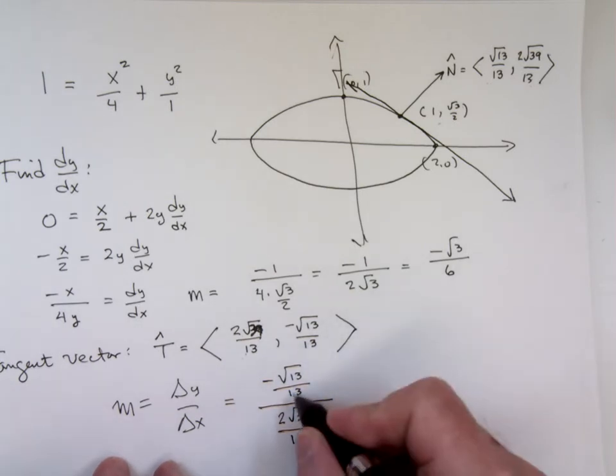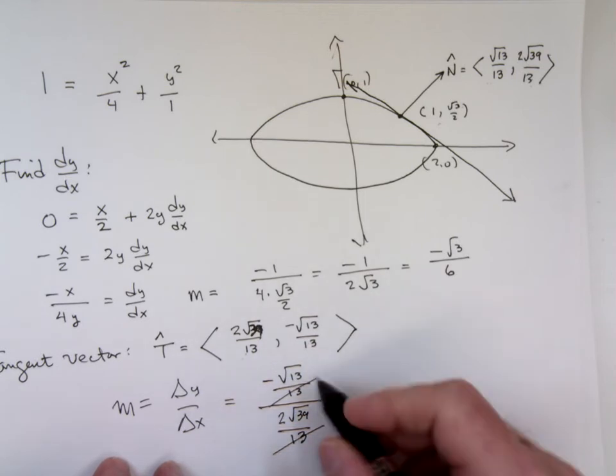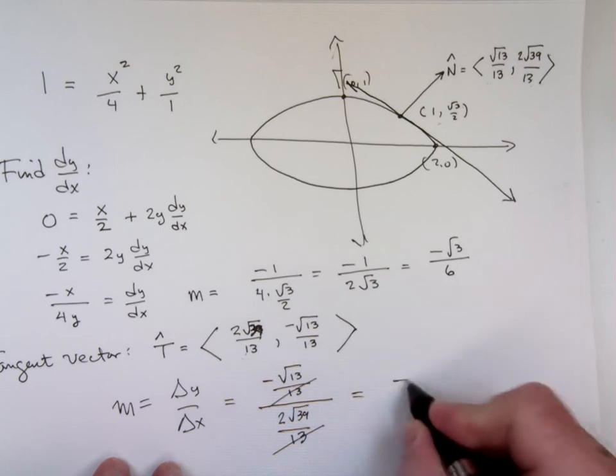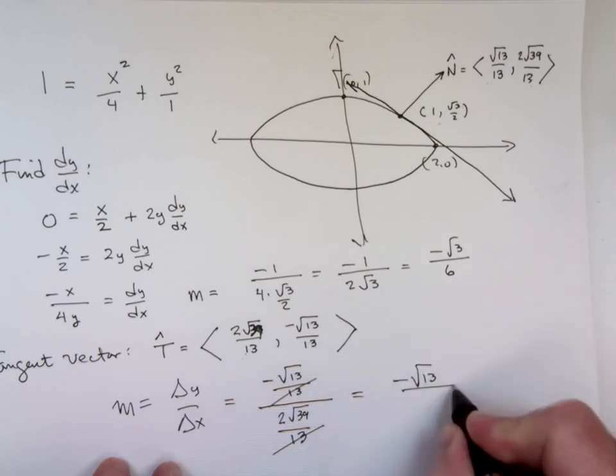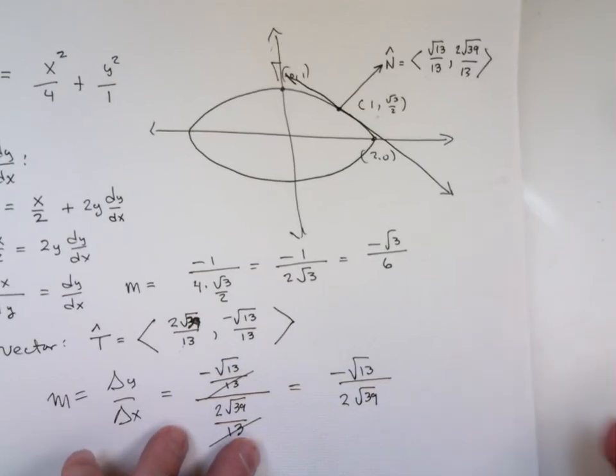The 13s cancel. You end up with a negative square root of 13 over 2 square roots of 39, which is not very nice. I'm going to multiply numerator and denominator by the square root of 39.